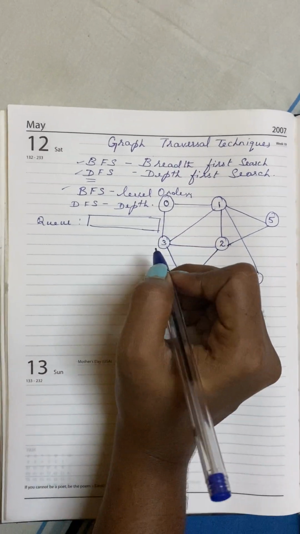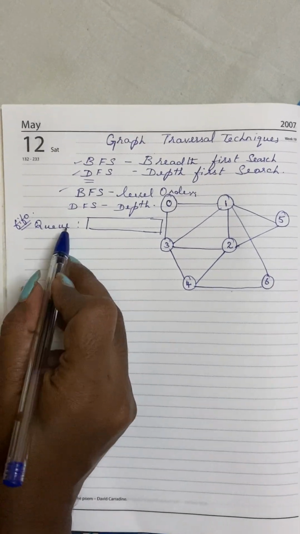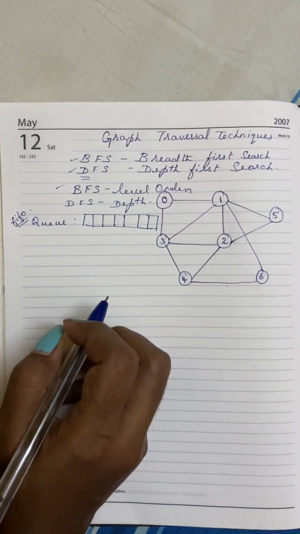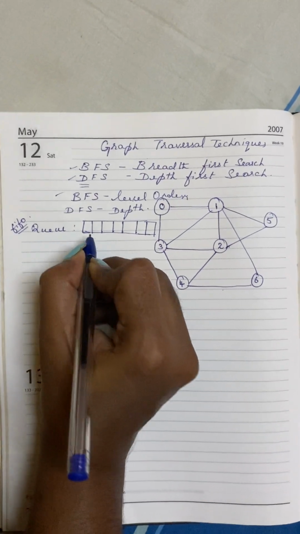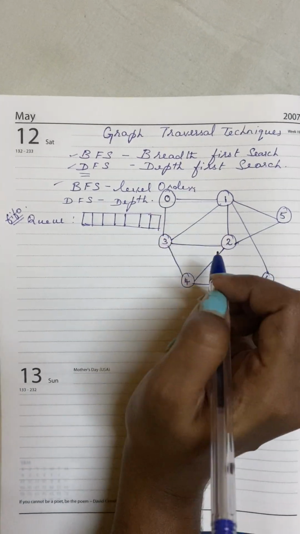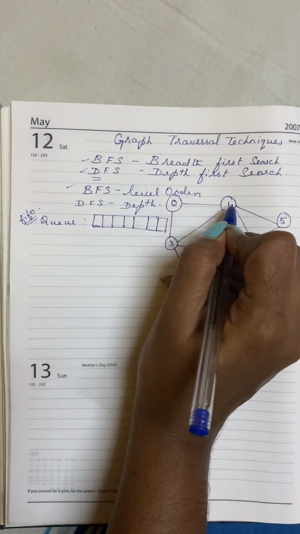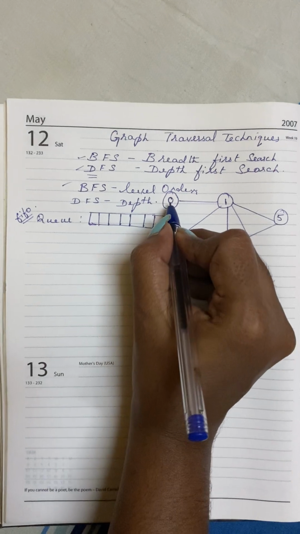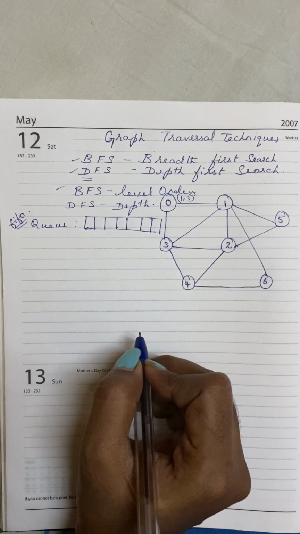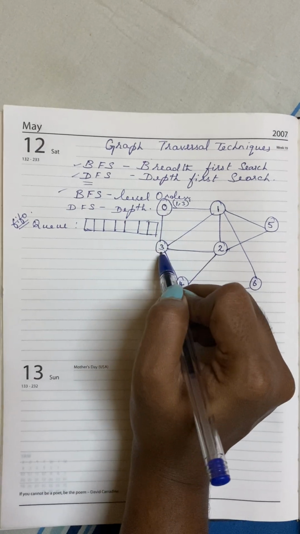It uses first in first out logic, FIFO. Since I am choosing 0 to be my root, from 0 I am going to start my traversal. You first have to check the adjacent elements of 0. For 0, the adjacent elements are going to be 1 and 3, because 0 has an edge to 1 and an edge to 3.